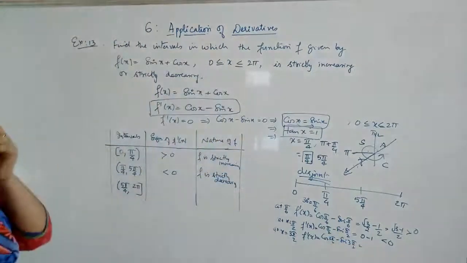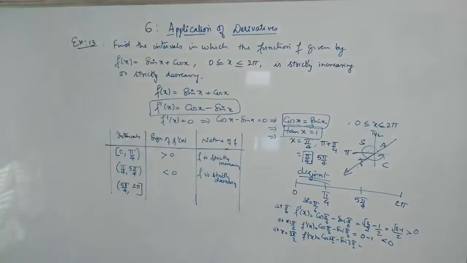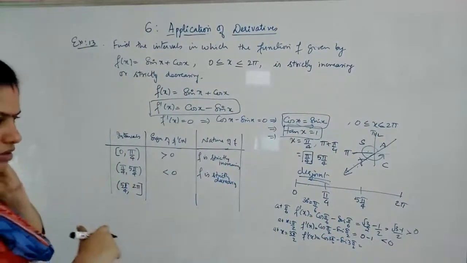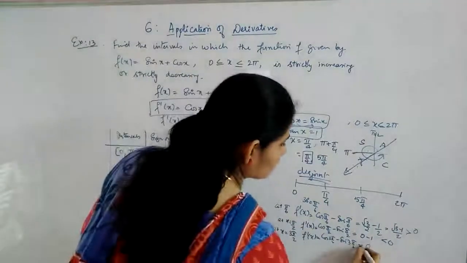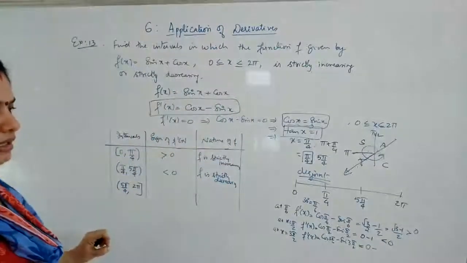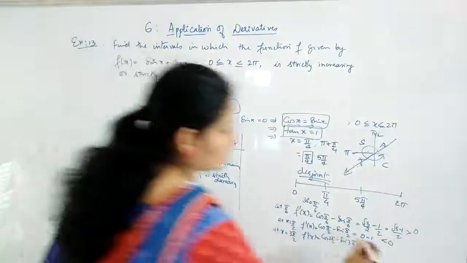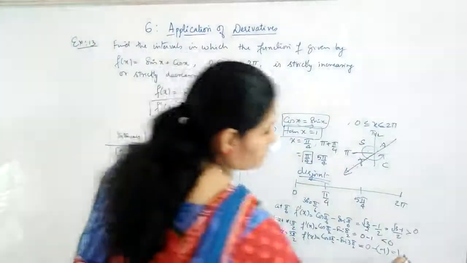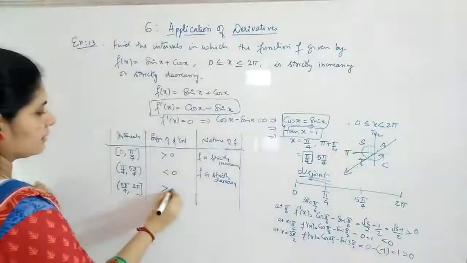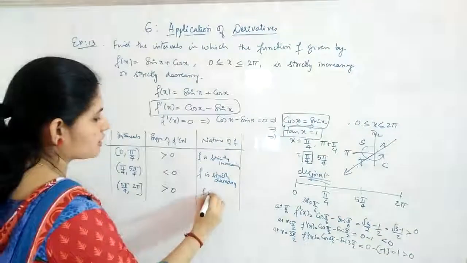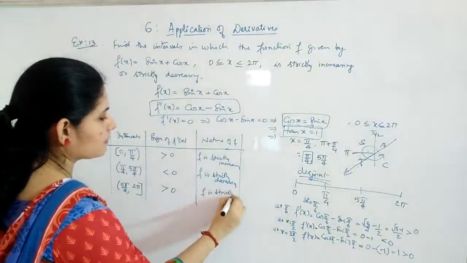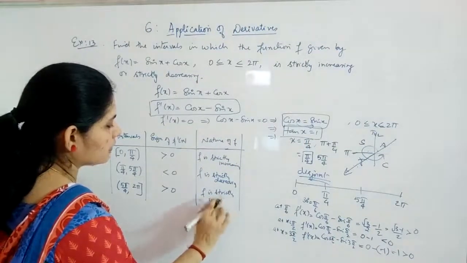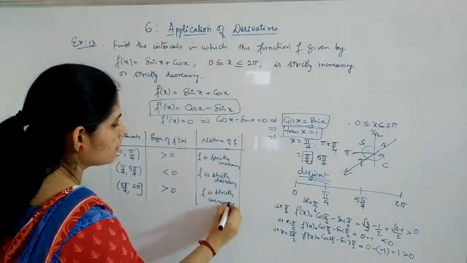Cos 3 pi by 2 will give you how much? 0. Cos 90 is 0, so cos 3 pi by 2 is also 0. And sin 270 will give you negative 1. So it is minus of minus 1, which is giving you positive, greater than 0. Therefore, the function is strictly increasing. Increasing in this interval also.